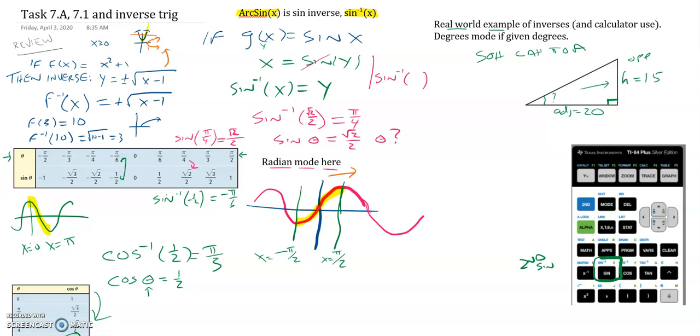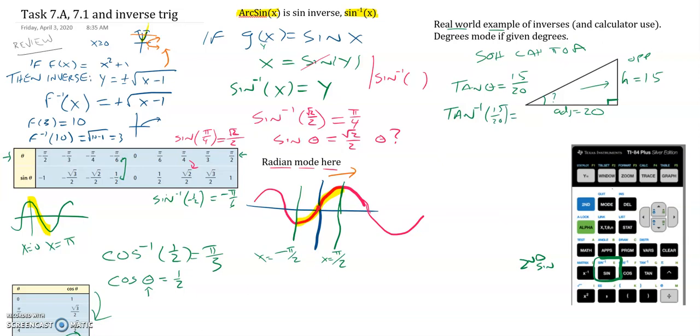So then I got a statement here: tan of some angle theta equals 15 divided by 20. So tan inverse of 15 over 20 will kick out my angle answer.